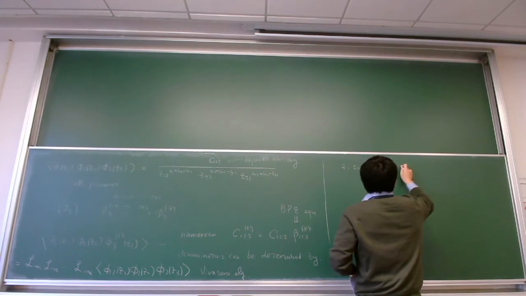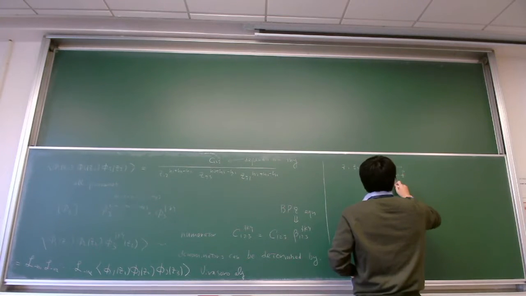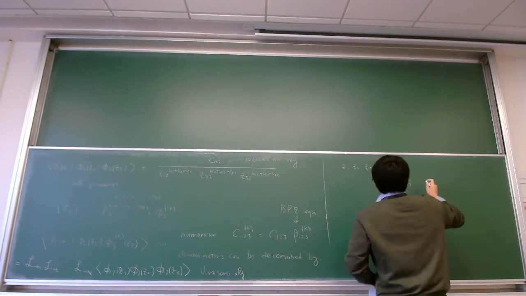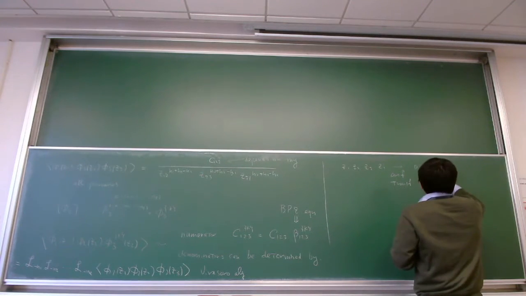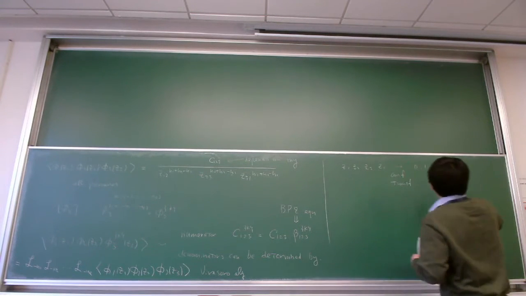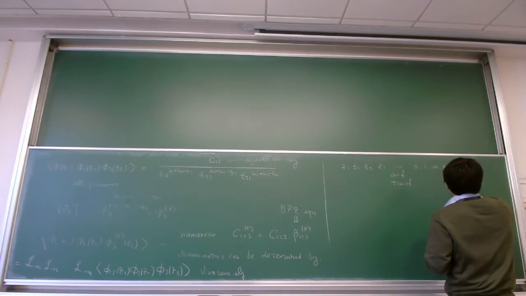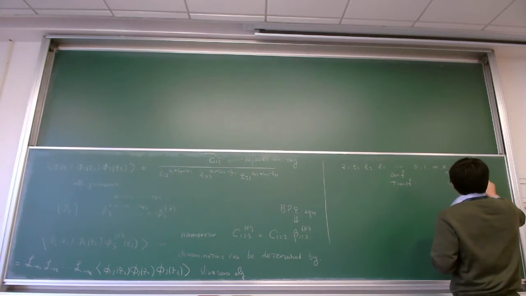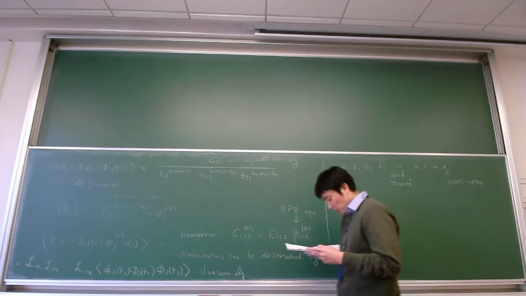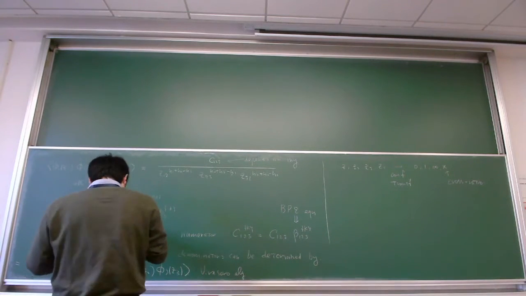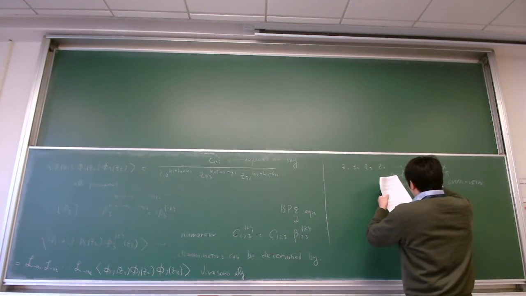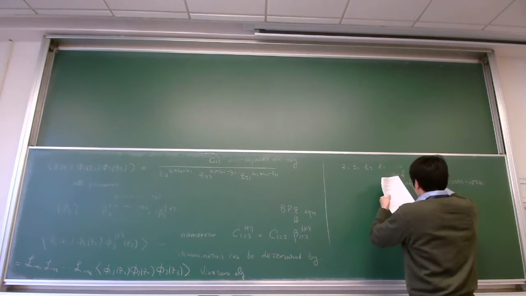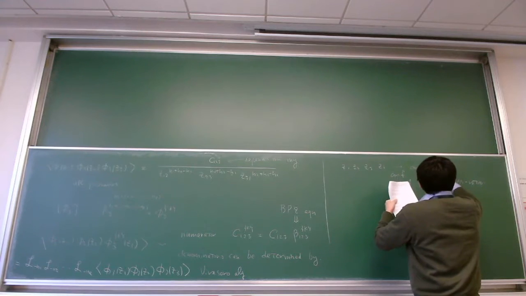By conformal transformation you can put 0, 1, infinity, and x, and x is called the cross ratio of z1, z2, z3, z4. I think in my lecture notes, z1 is infinity, and then z2 is 1, and x and 0.